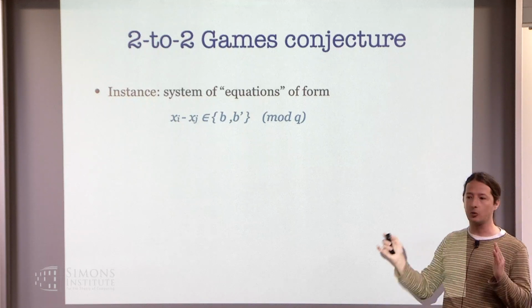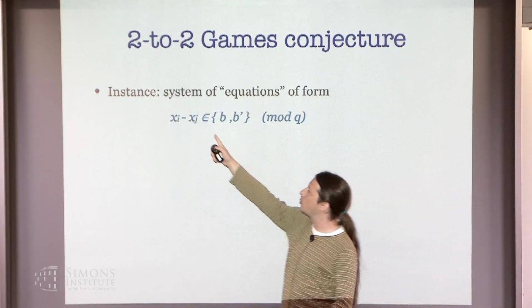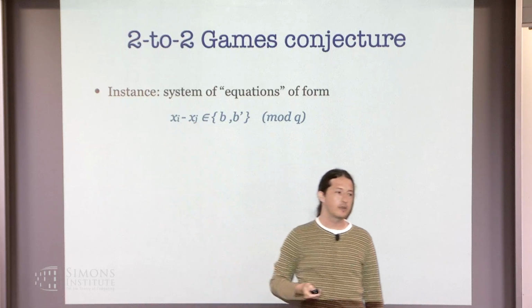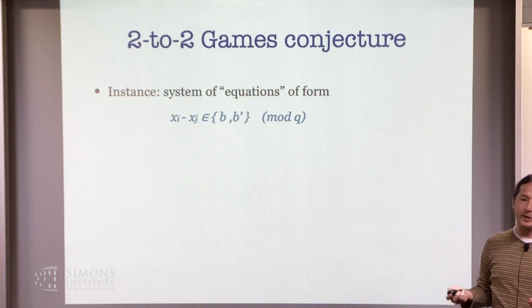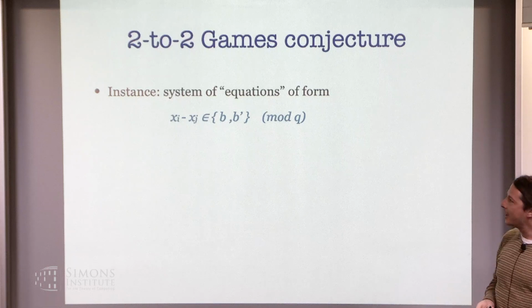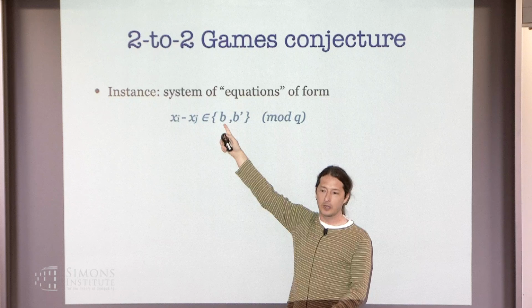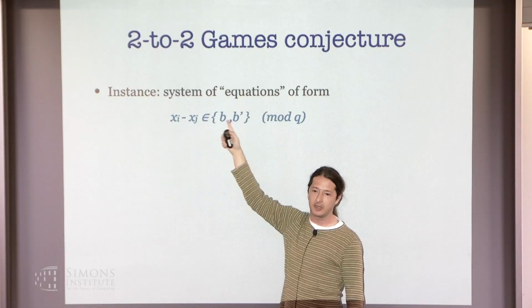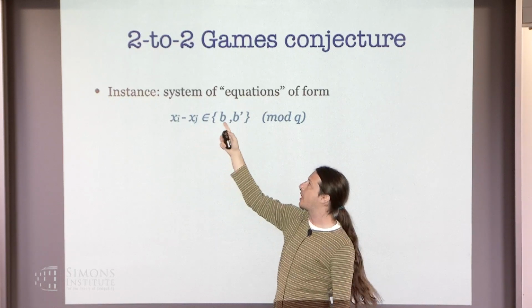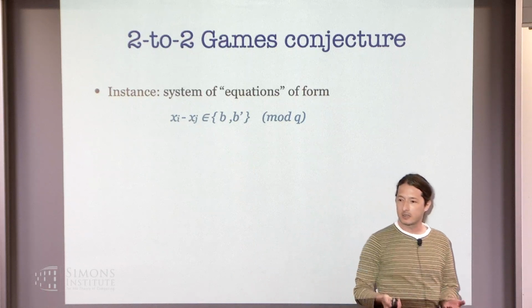So that's a one-to-one relation between assignment to one variable and to the other. For 2-to-2, we need a 2-to-2 relation, and therefore, instead of equations with one b, we have equations with two b's, and any solution that gives either this or the other is accepted.